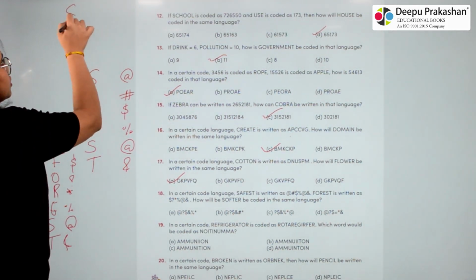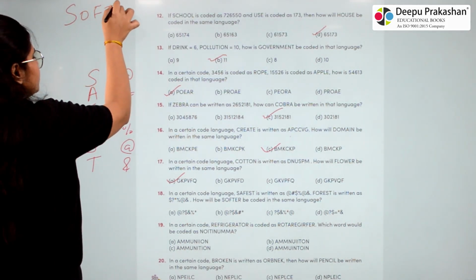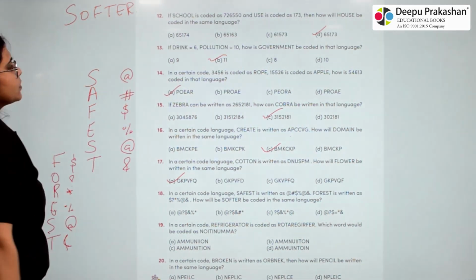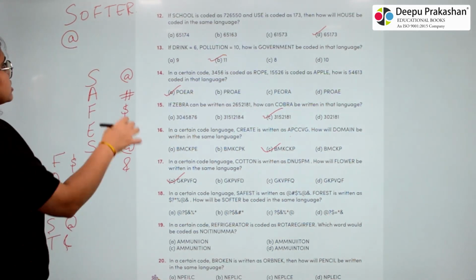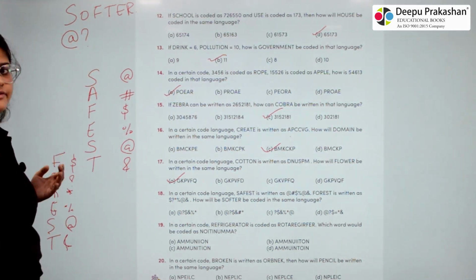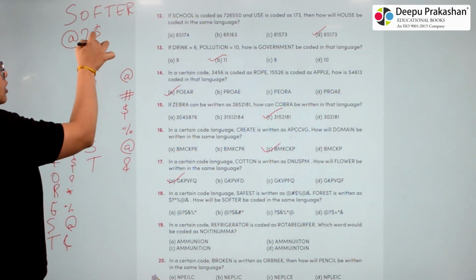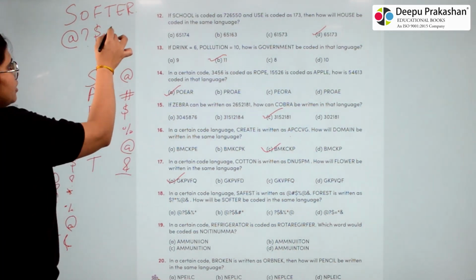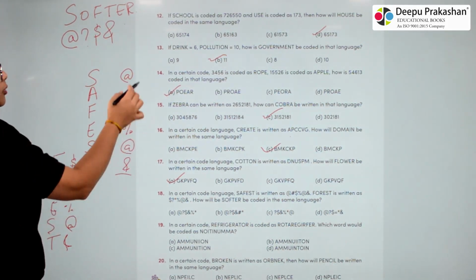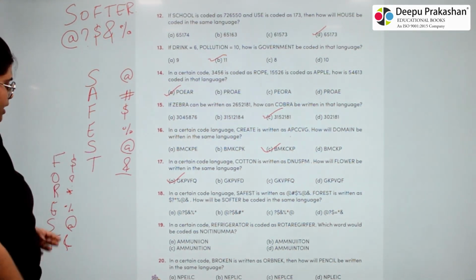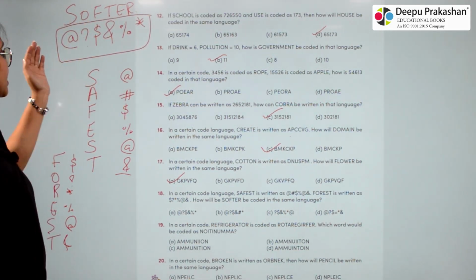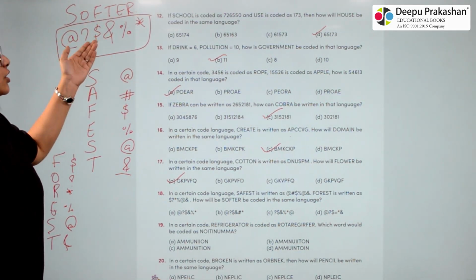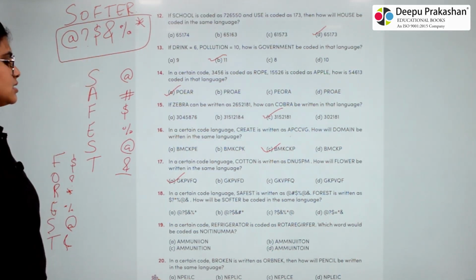Now we have to find the code of the word softer. So here S stands for $, O stands for $, F stands for $, T stands for and, E stands for %, and R stands for star. So the answer will be $, $, and %.